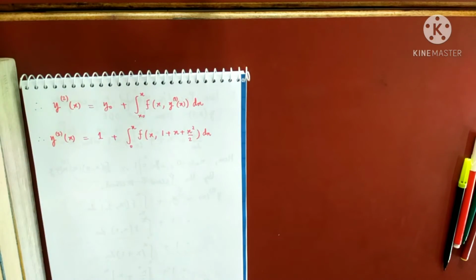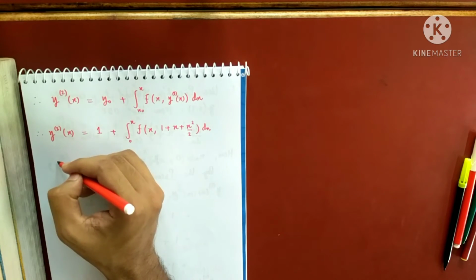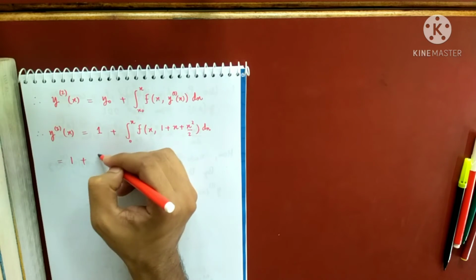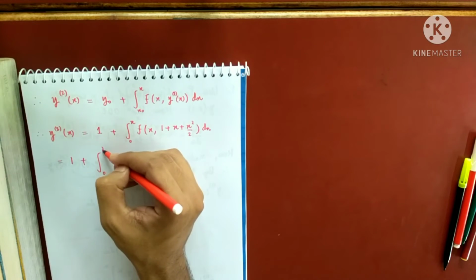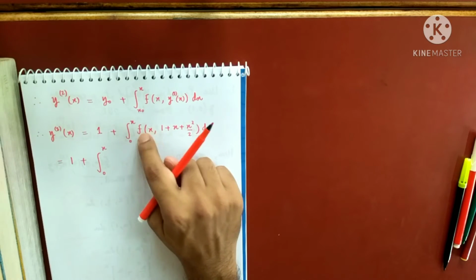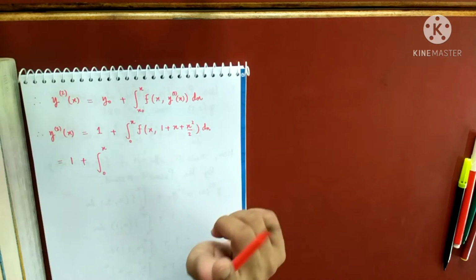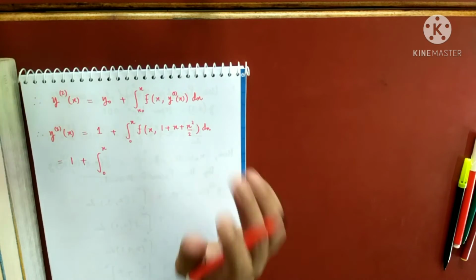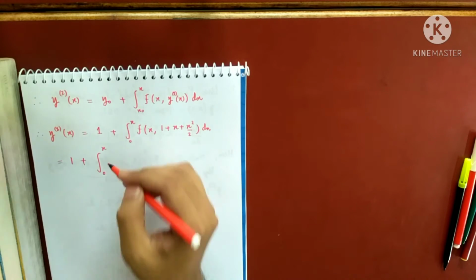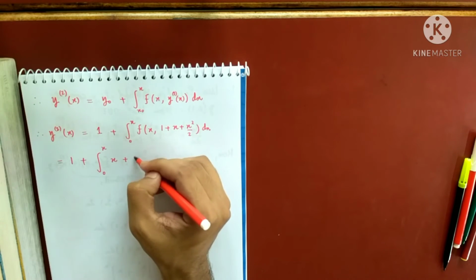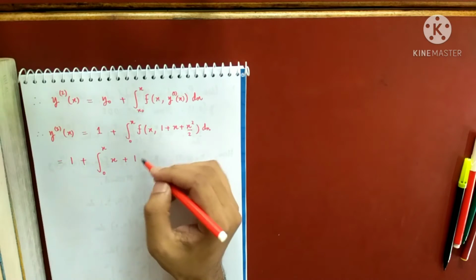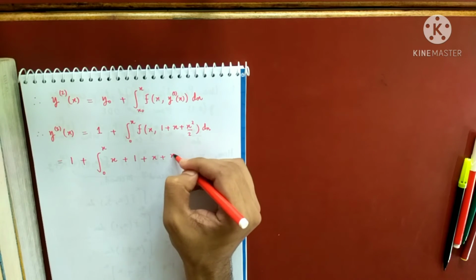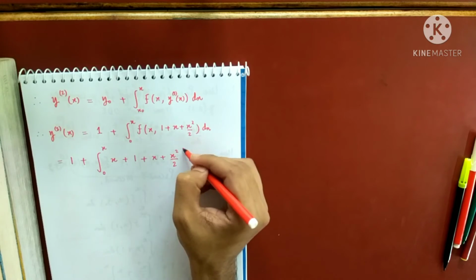So the function is x plus y, and y is the whole thing because the function was x plus y.